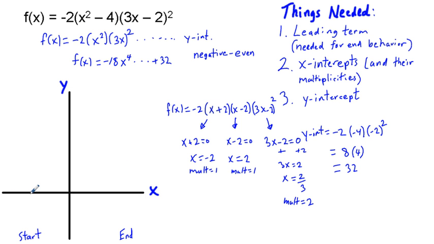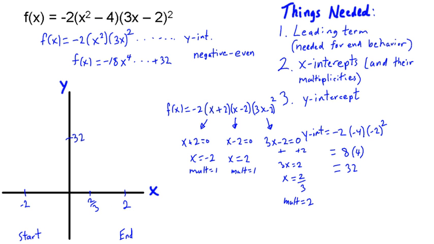And so we're going to put over here to the left -2, and then to the right we're going to have 2/3, and then we're going to finally have 2, and we're going to mark our y-intercept up here at 32, since we've established that.